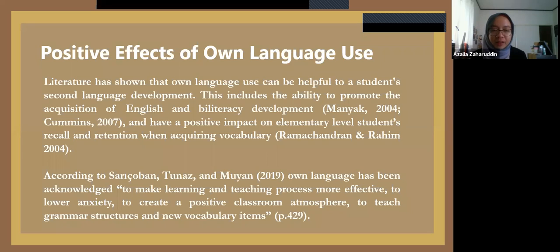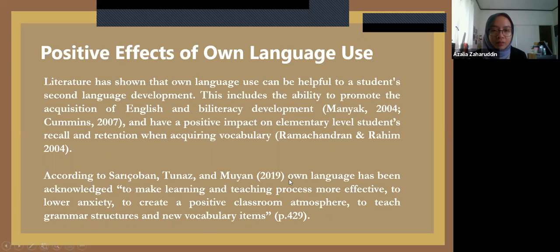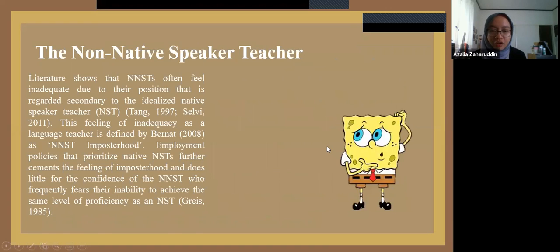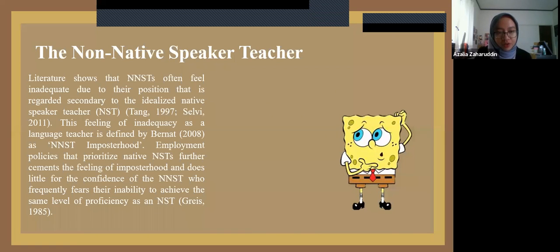Another angle of why we need to talk about the positive effects of own language use is the angle of the non-native speaker teacher. Literature shows that non-native speaker teachers often feel inadequate due to their position that is regarded as secondary to the idealized native speaker.